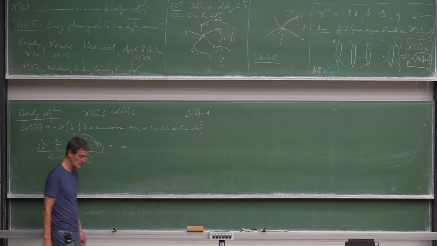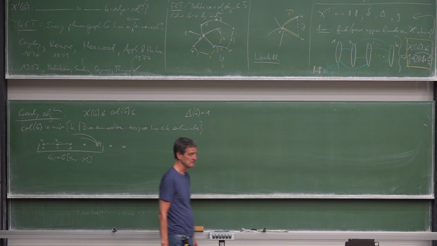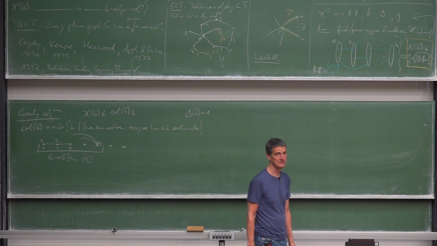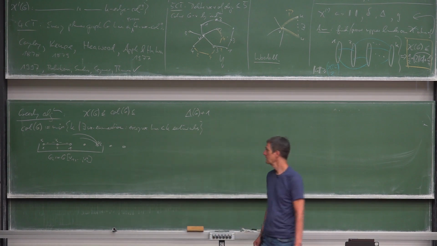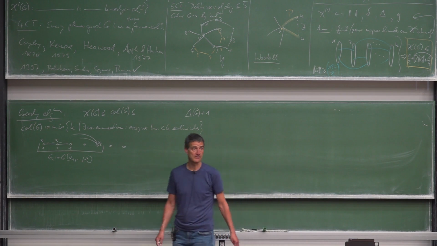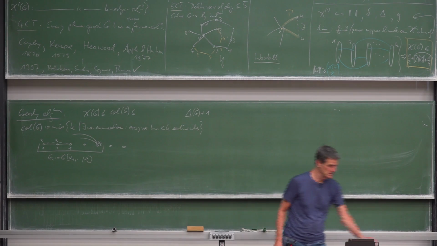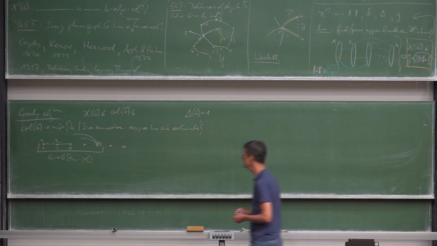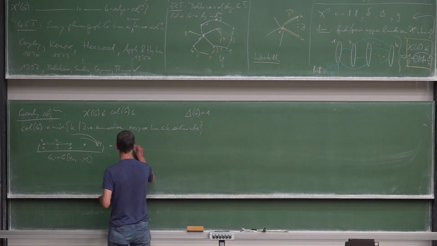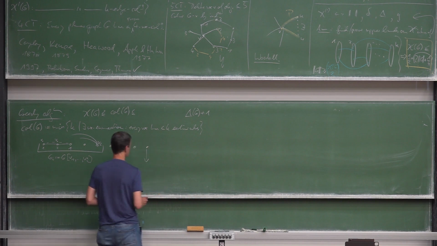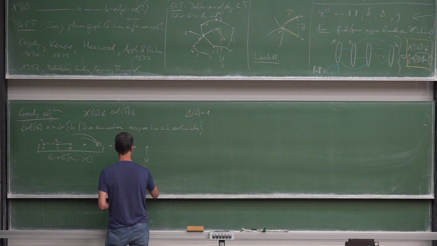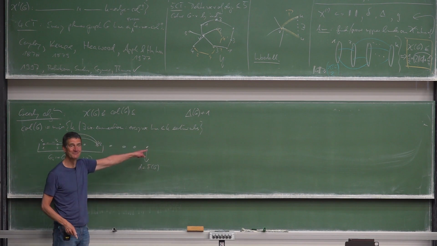Okay, so how would we find this enumeration? I'll show you an attempt, and then later I'll show you that this in fact does it. So the attempt is to say, let's start at the back.